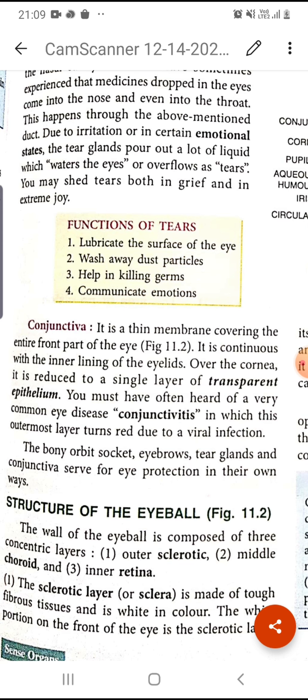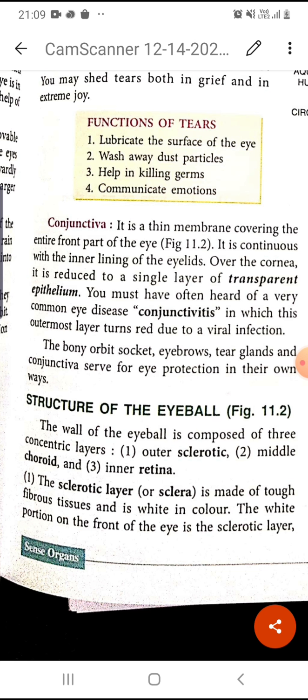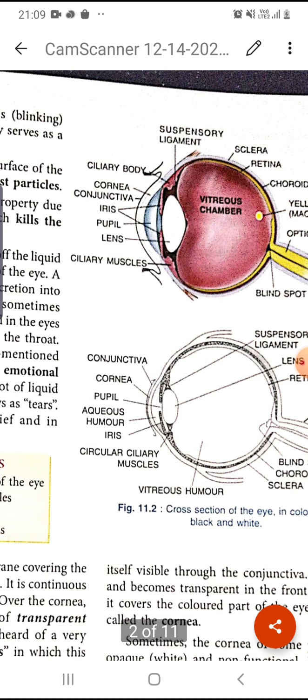Now we have to study the proper structure of our eyeball. The wall of the eyeball is composed of three layers: the outer sclerotic layer, the middle choroid layer, and the inner retina. The outer sclerotic layer, known as sclera, is made of fibrous tissue and is white in color.